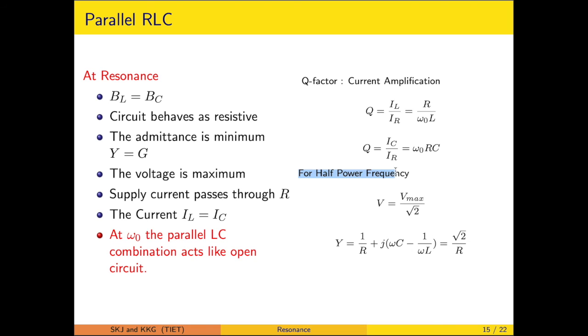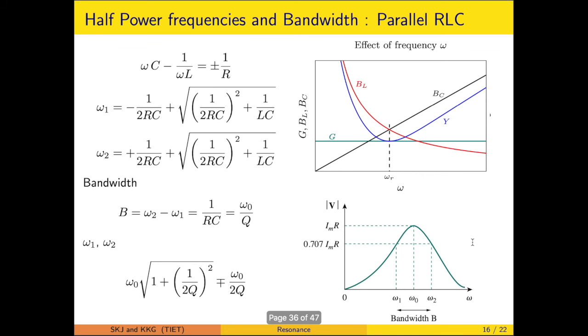So at half power frequency, the voltage will be Vmax upon root 2, and then only the power transfer will be half. So correspondingly, the condition will suggest that the admittance has to be root 2 times the admittance at the resonance. So on the analogous line, you can plot it likewise.